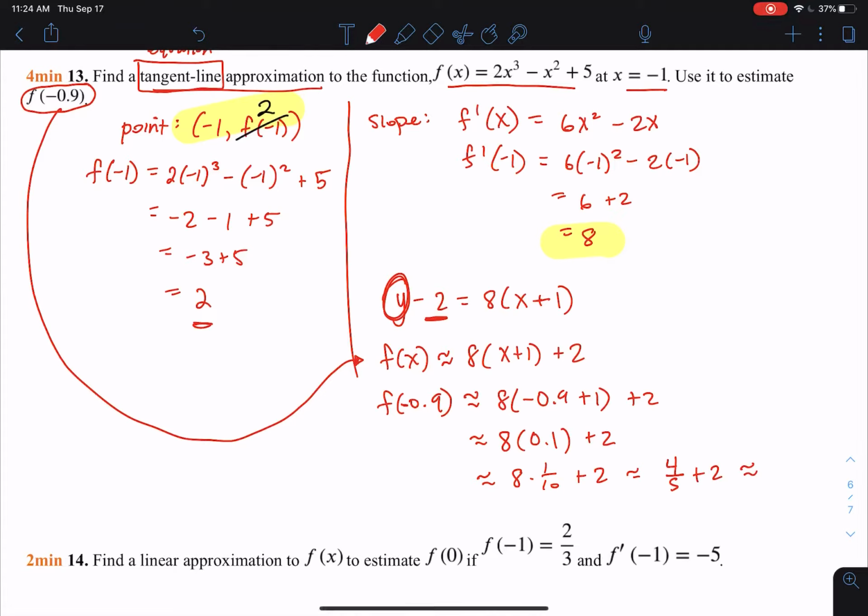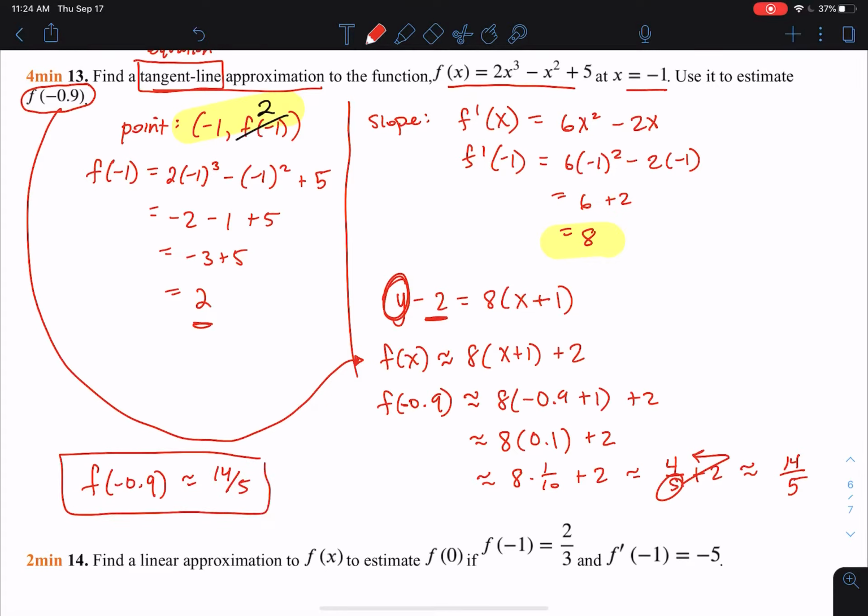Use the fraction trick. And we are done. F of negative 0.9 is approximately 14 over 5. Ta-da! Pretty cool.